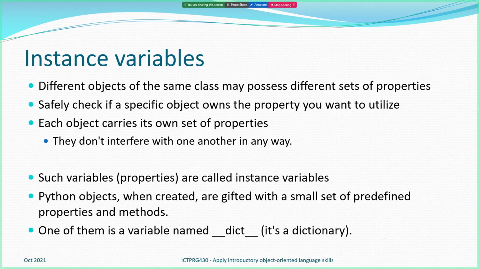One of these is a variable called dict. So underscore dict underscore. So this is a function that exists in each object that gives you a list associated with the properties.